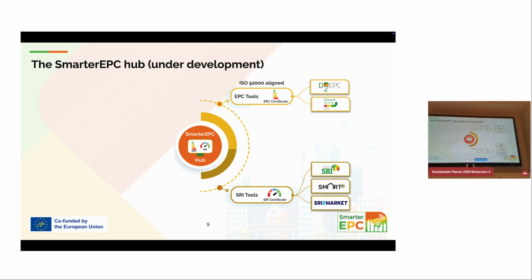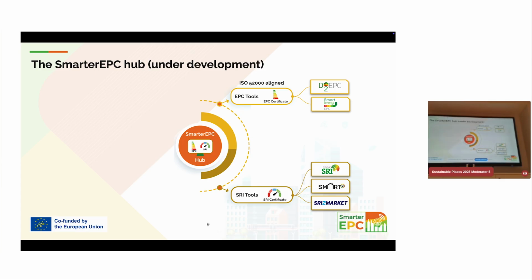So as you know, concerning the EPC, these tools have been delivered by EU projects. They are not the tools that are actually used in member states by official EPC assessors in order to deliver an energy performance certificate.